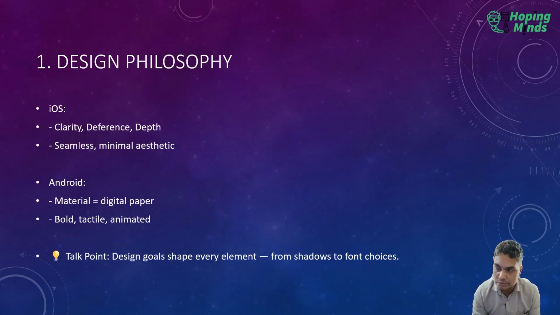And with Android, you can use material design, bold tactics, and you can use a lot more animation in Android. I mean, the parameter is not really set, but you can have a goal to use multiple colors.